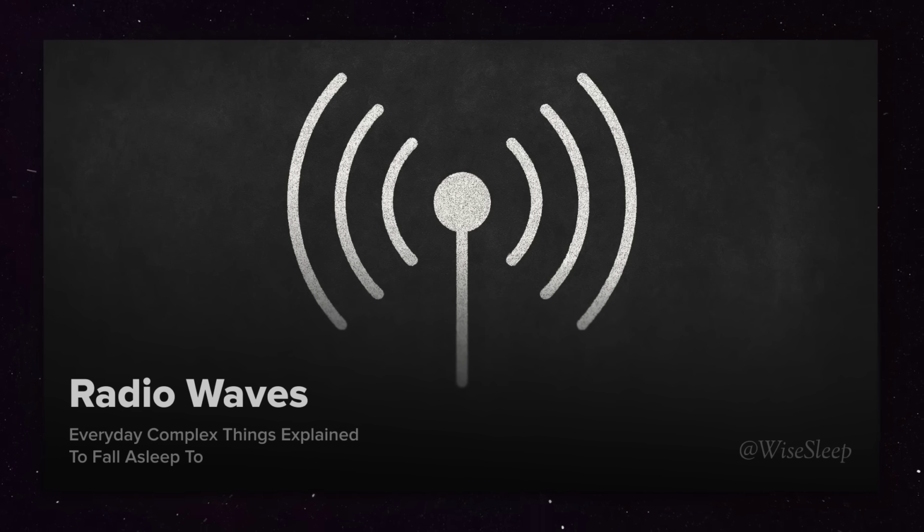That's why Wi-Fi might work well in one room, but drop off in another. Thicker materials or too many devices using the same frequency can make the problem worse. From listening to music in the car to getting directions on your phone, radio waves quietly power many everyday experiences without needing any wires at all.